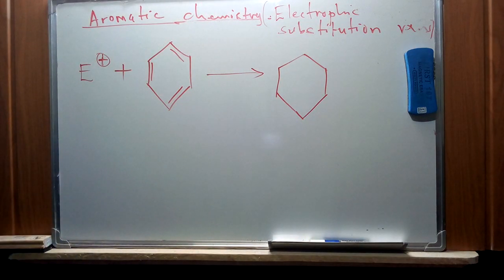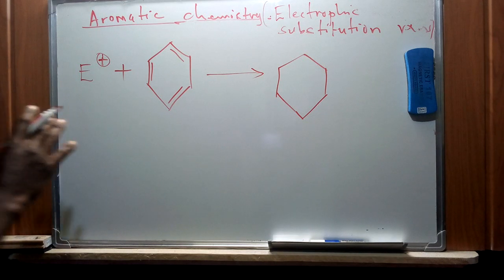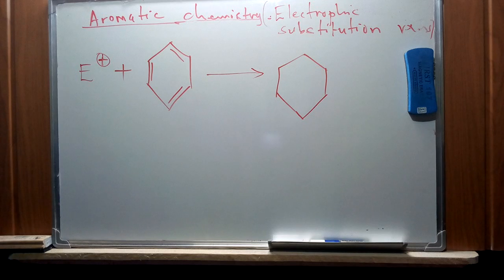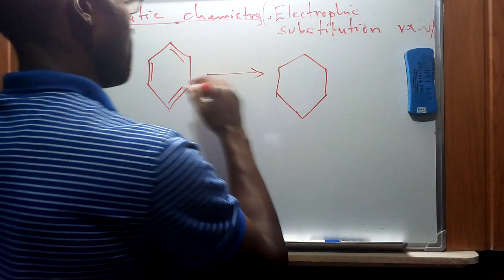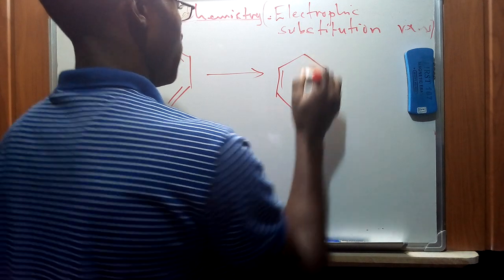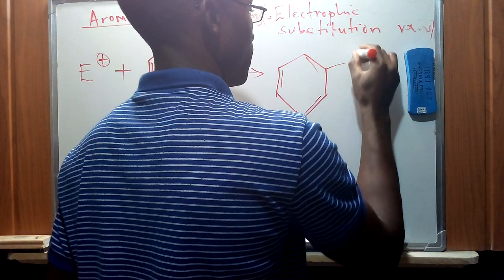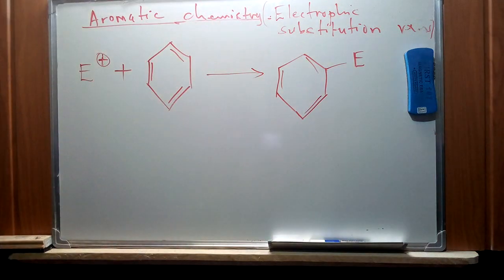In our aromatic nomenclature, we said that the functional groups dictate the chemical and physical properties of a compound. So if benzene reacts with an electrophile, we form a product that has the E, the electrophile, attached at that point.